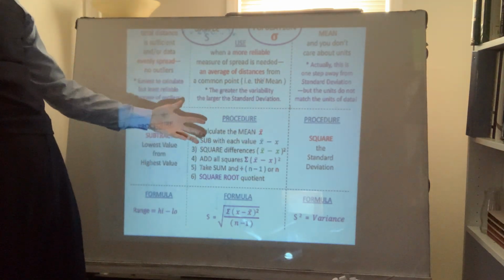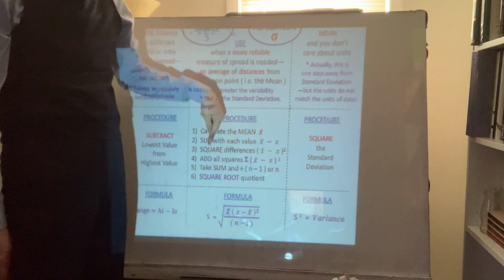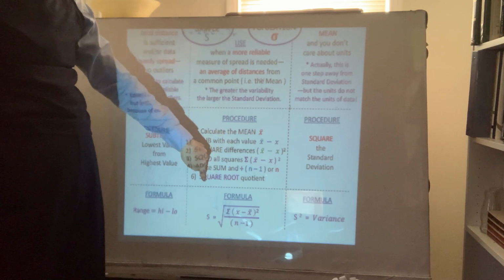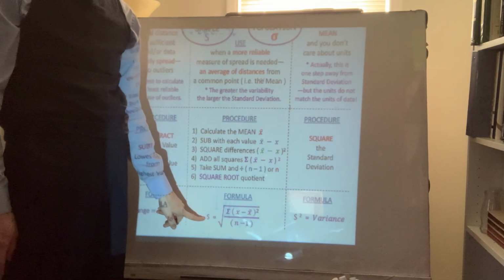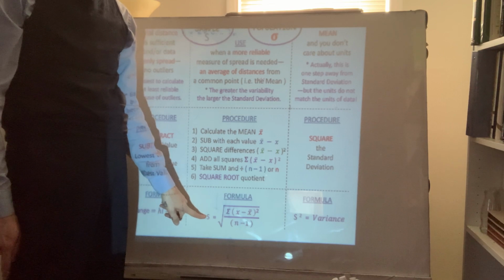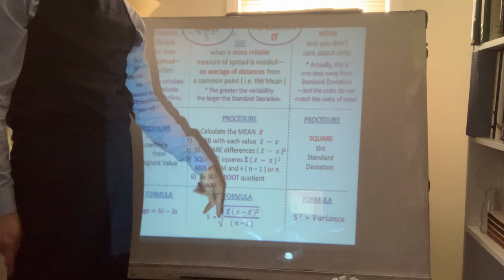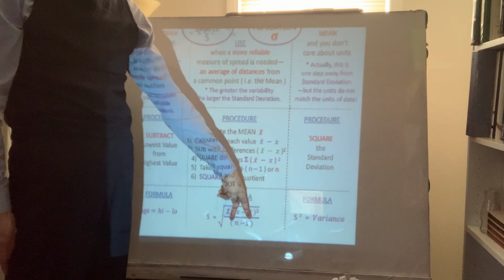And then finally, you take the square root of this quotient. This is essentially the order of operations for calculating the standard deviation, summarized by this formula. S is for standard deviation. It equals the square root of the sum of the differences squared divided by the sample size.